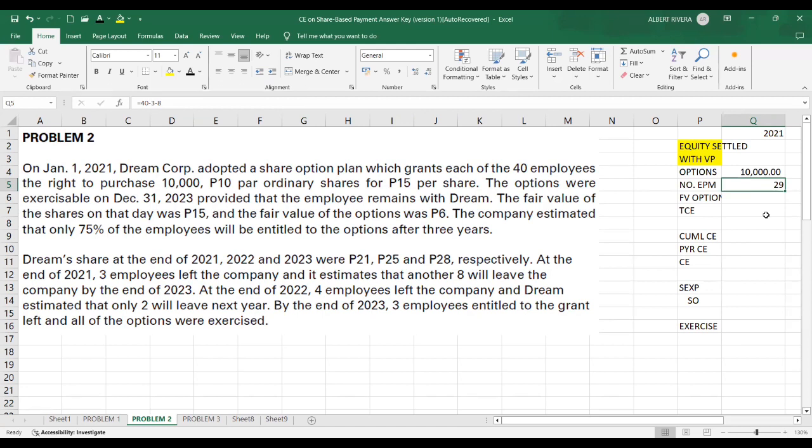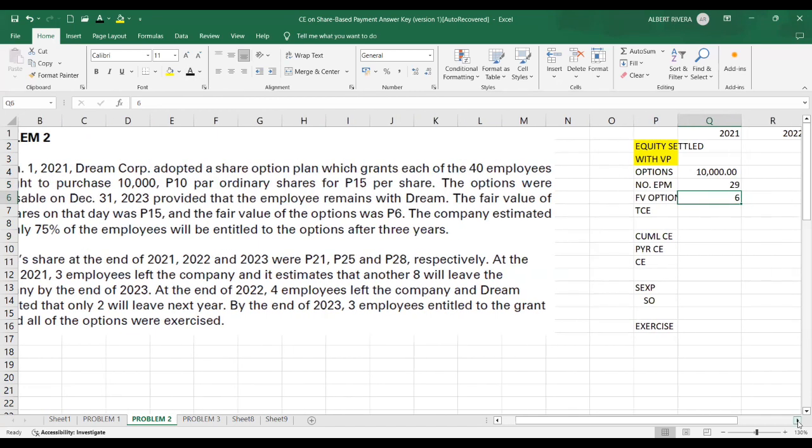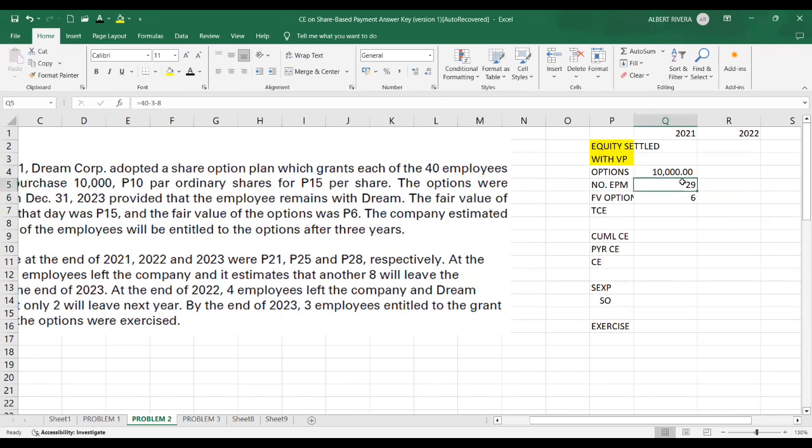Okay? So times now the fair value of the option at the date of grant, which is 6 pesos. So that is now 10,000 times 29 times 6: 10,000 options times 29 employees times the fair value of the option at the date of grant. The total compensation expense is 1,740,000 pesos. Okay?